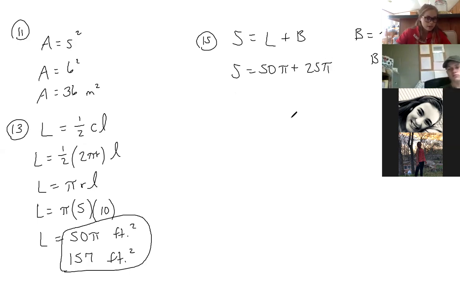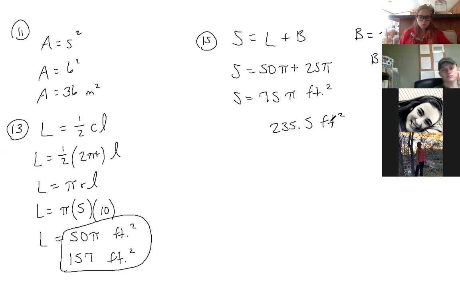We only have one base, so my total surface area would be 75 pi square feet, which would be about 235.5 square feet. Let's go to the back page now.